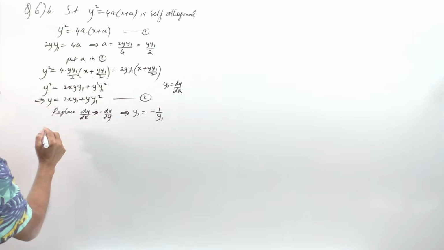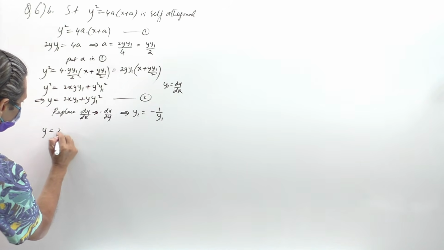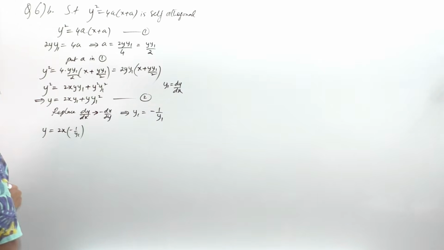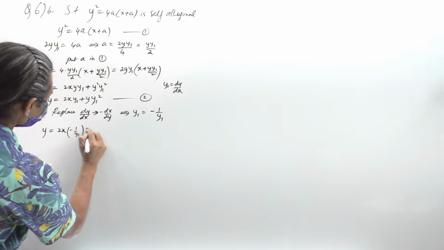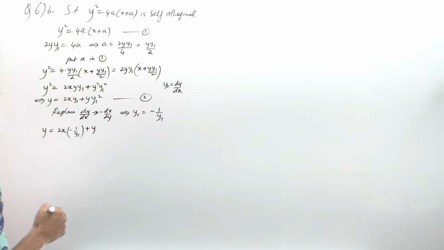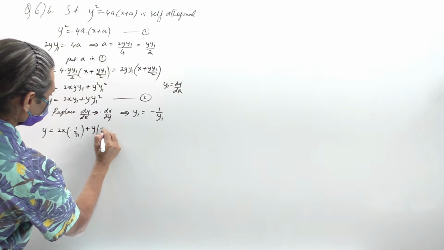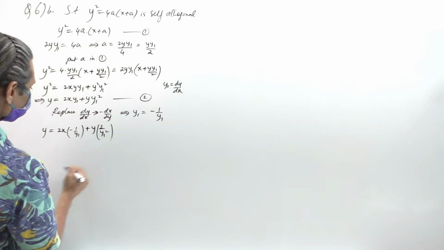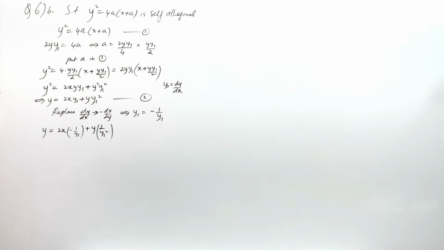So put it here now. That implies y is equal to 2x into minus 1 by y1, right? Plus y into minus 1 by y1 squared, which is 1 by y1 square as it is. Okay, am I right?